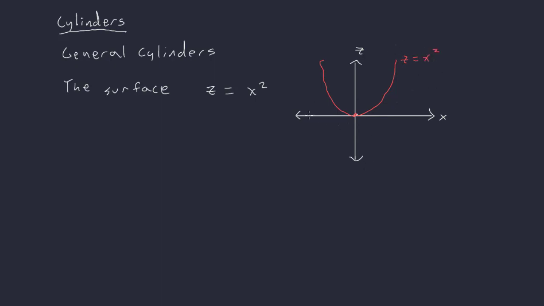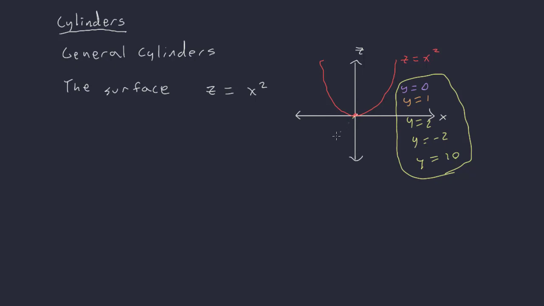Now, this is going to be our level curve for any y. So when y is equal to 0, this will be the level curve. When y is equal to 1, this will be the level curve. When y is equal to 2, or negative 2, or 10, or any y we can think of, we get the same graph because y is not a part of this formula.